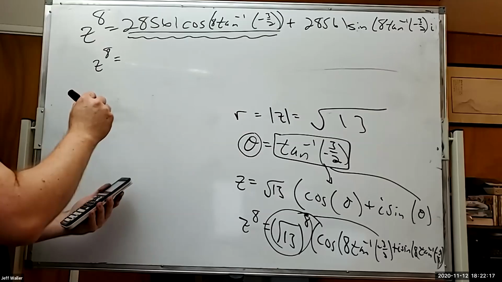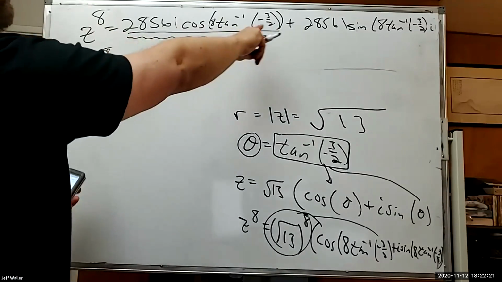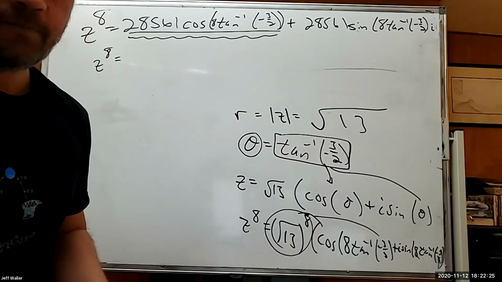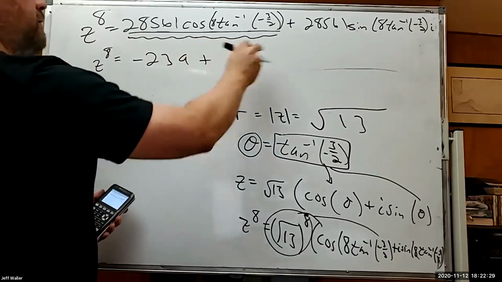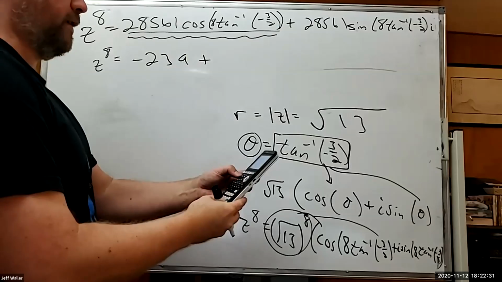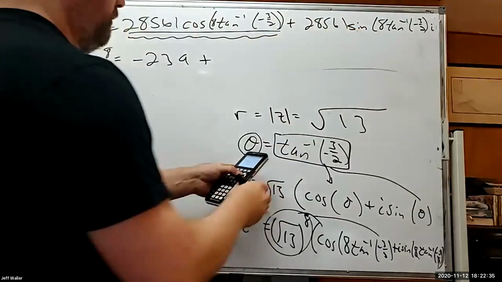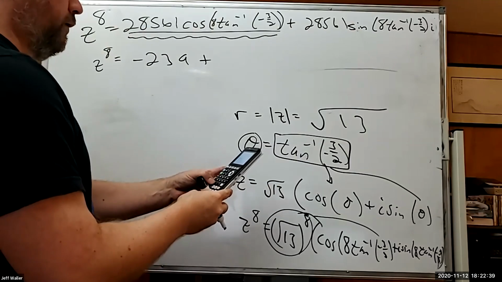Just put it in just like this. Sure. I got -239. Yes. Plus, and now I can just hit second enter and replace the cosine with the sine. That's the beautiful thing. Or you can put it all back in again if you want to be silly.